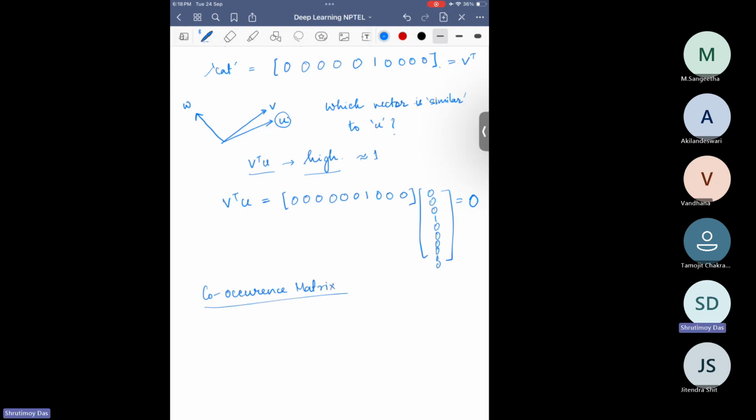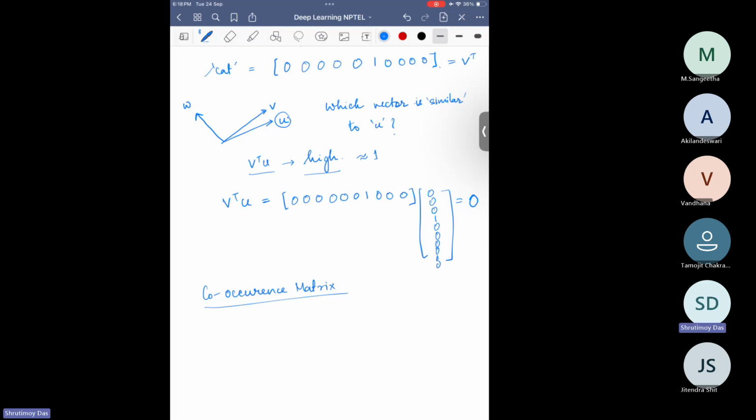So co-occurrence matrix basically tells us that suppose you are given a group of sentences and two words occur together a few times, so that means those two words are related.